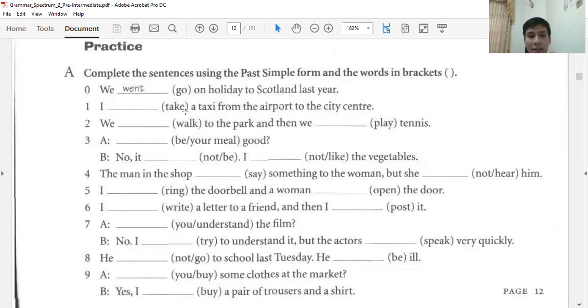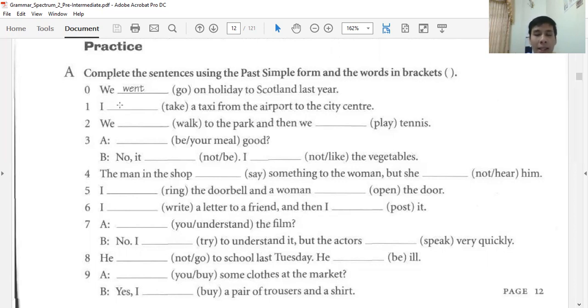So from take we change to took: I took a taxi from the airport to the city center. Took we spell T-O-O-K. I can't write here, I'm sorry for this.